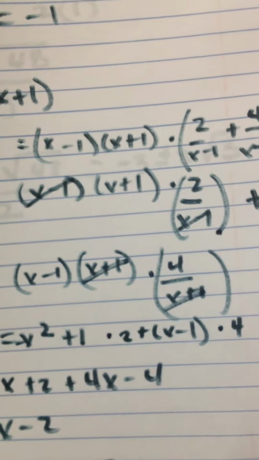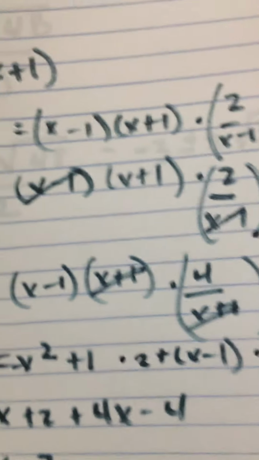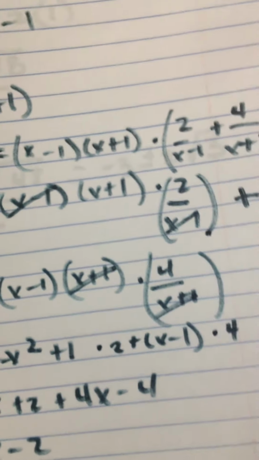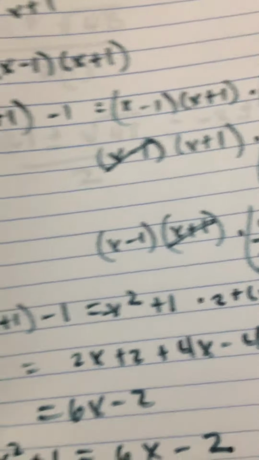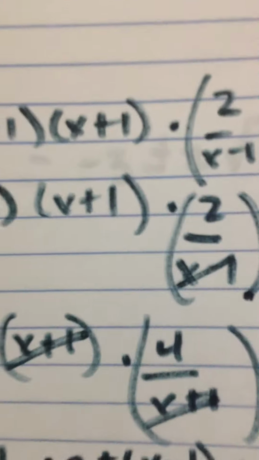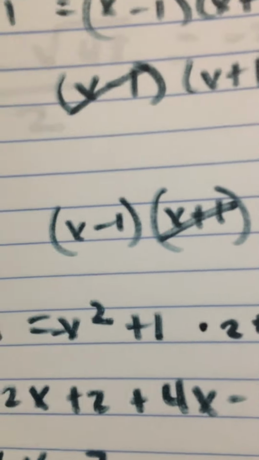And then I cancel out the like terms because it's multiplication, and that leaves me with 2 times x plus 1 and 4 times x minus 1.